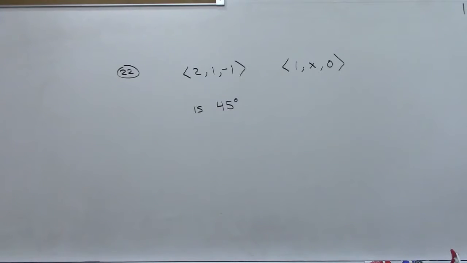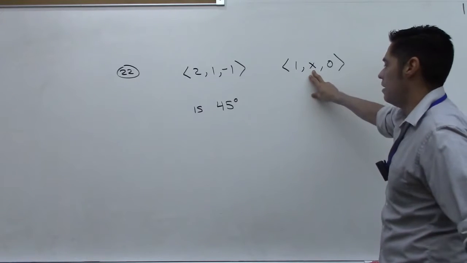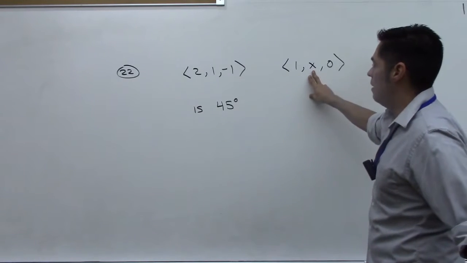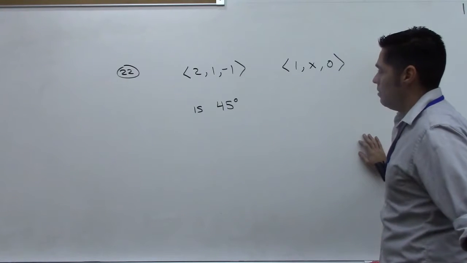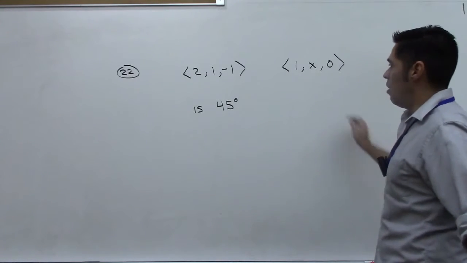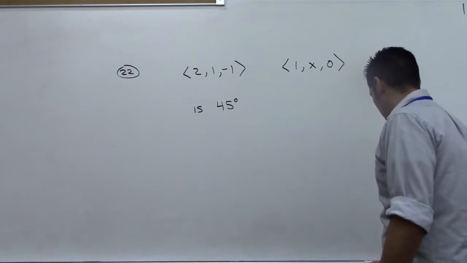Okay, so they want to know if I give you a value of x here, like let's say 5, then will the angle between them be 45 degrees? And we need to figure out all values of x that would make the angle between these 45 degrees. So it's kind of interesting.